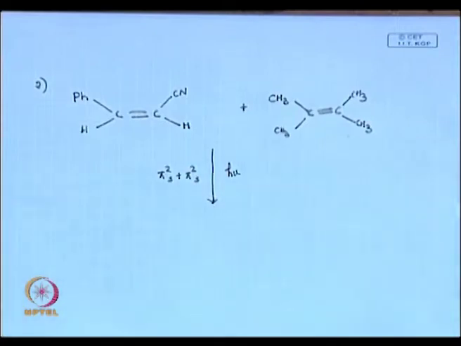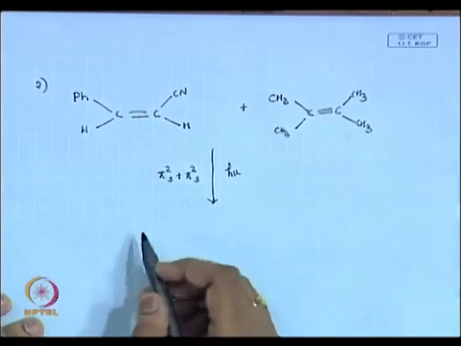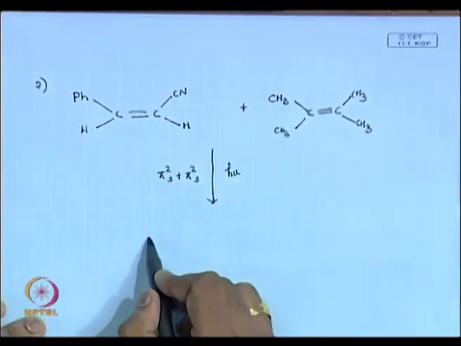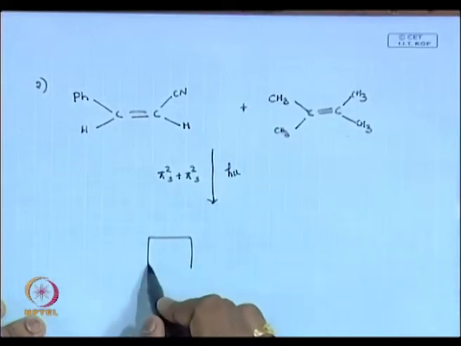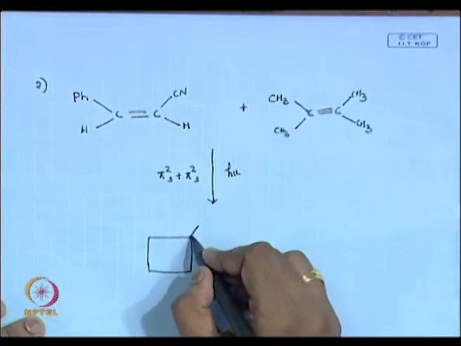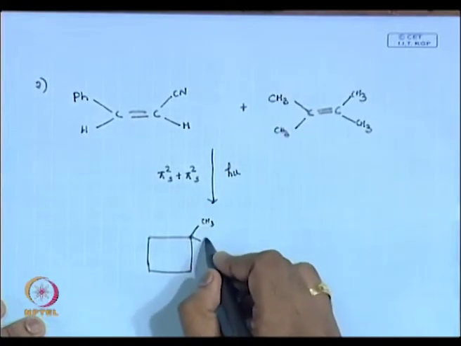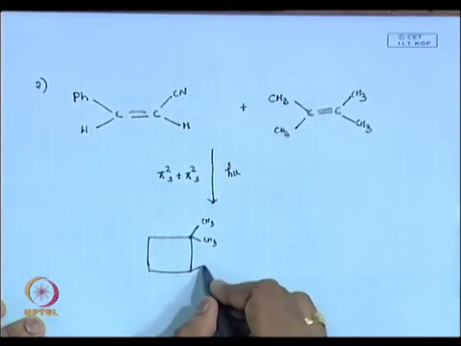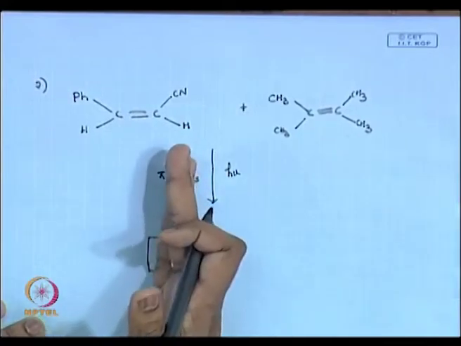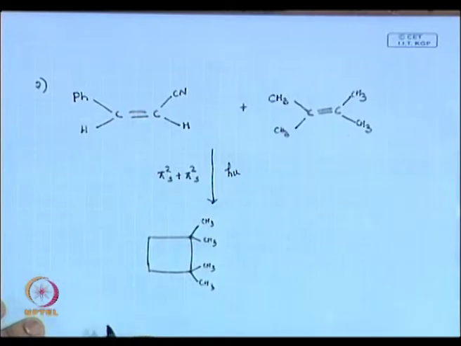It should come in the same phase. Then how should the product be? If I write the product, this is one side of my alkene, I have my methyl here, and this is my phenyl part which I am going to write.